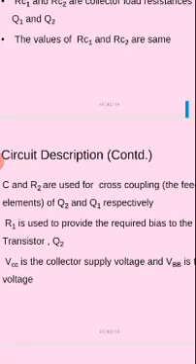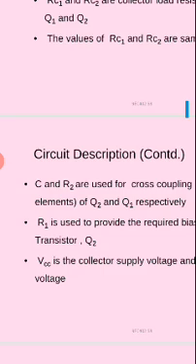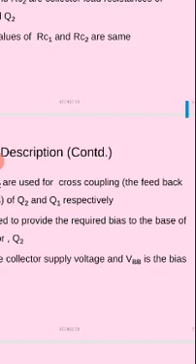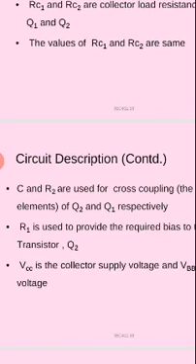The feedback elements of Q2 and Q1 respectively. R1 is used to provide the required bias to the base of transistor Q2.